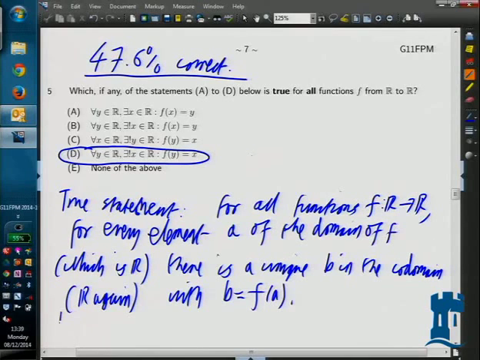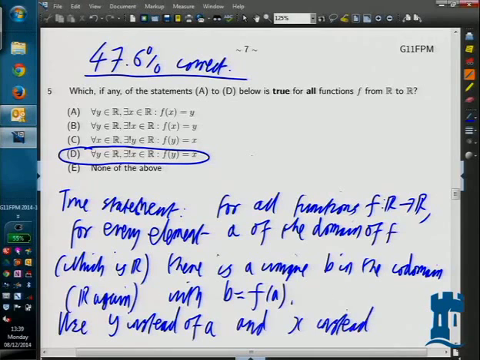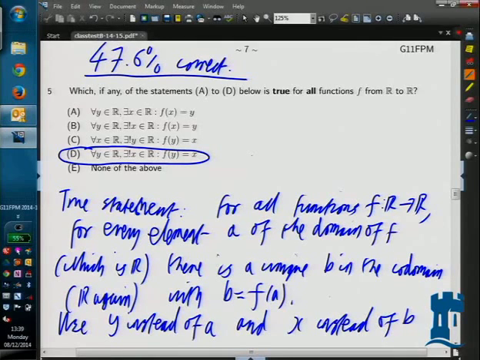So now you use y instead of a, and x instead of b, and you use math symbols.